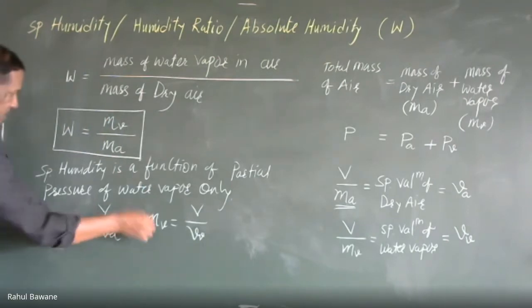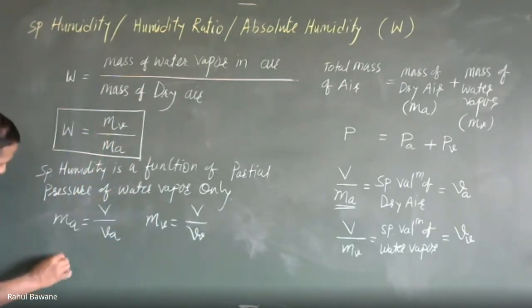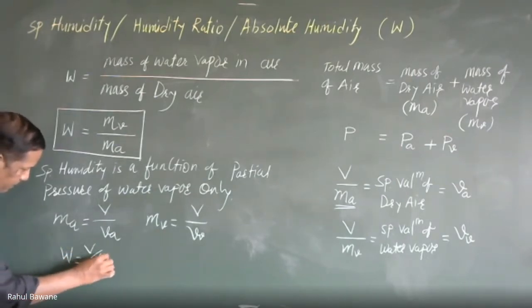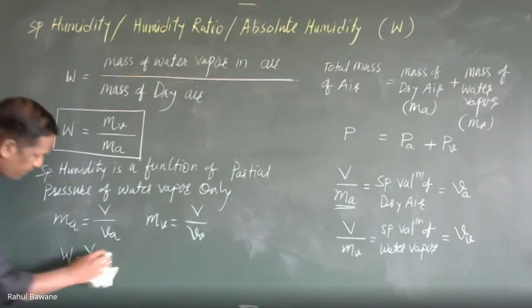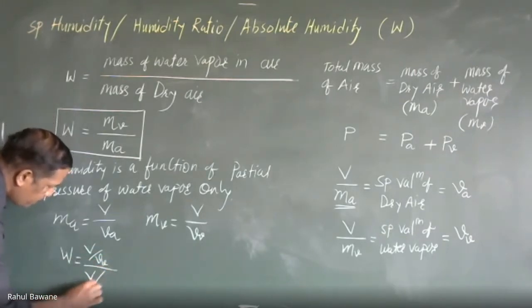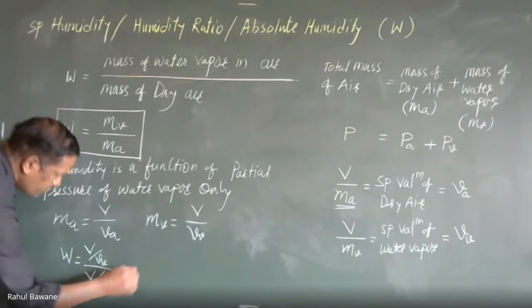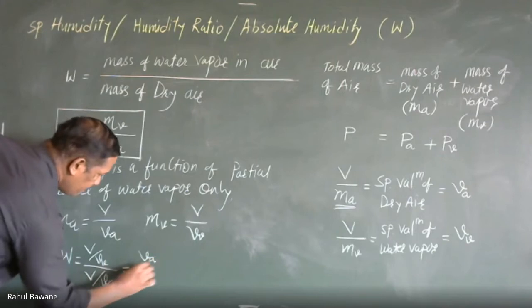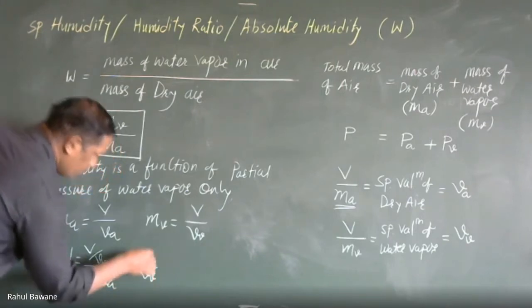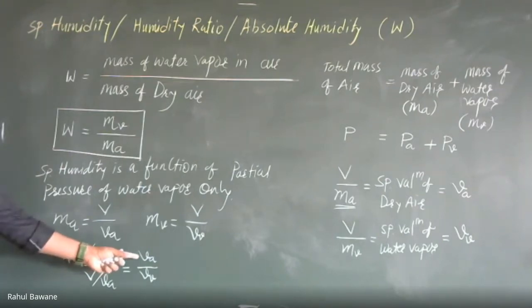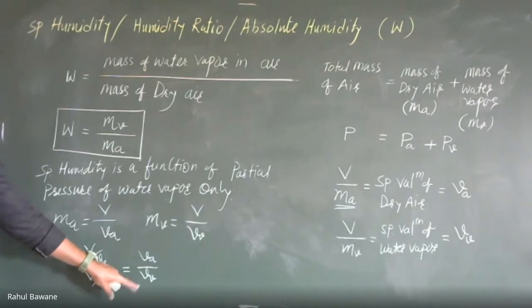Replacing these masses in the specific humidity, W will be V by vv divided by V by va. On simplifying, we observe va upon vv. So it becomes the specific volume of air divided by the specific volume of water vapor.